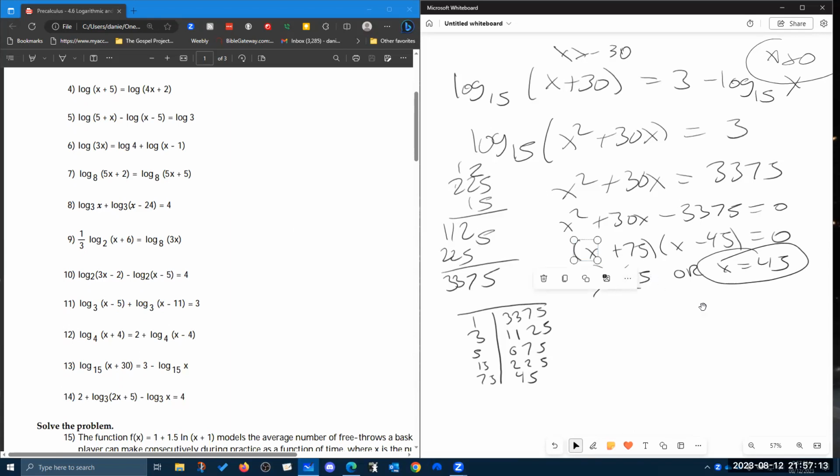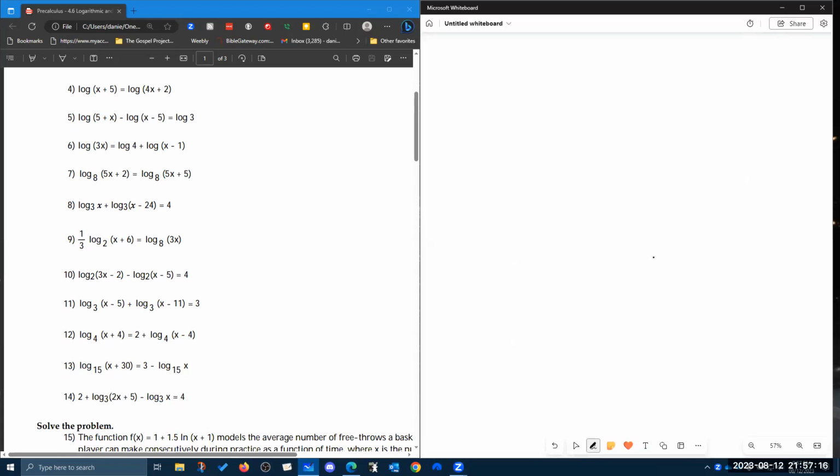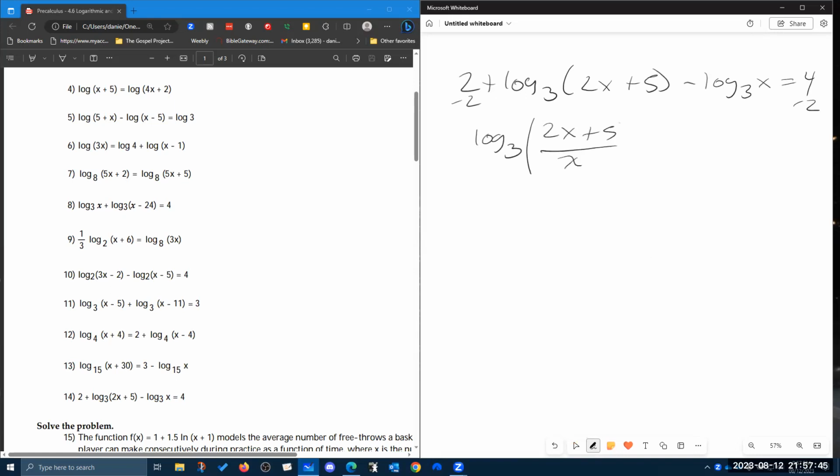And then one more here. 2 plus log base 3 of (2x plus 5) minus log base 3 of x equals 4. So I'm going to subtract 2 from both sides. Log base 3 of (2x plus 5) over x equals 4 minus 2, which is 2. (2x plus 5) over x equals 3 squared, which is 9.